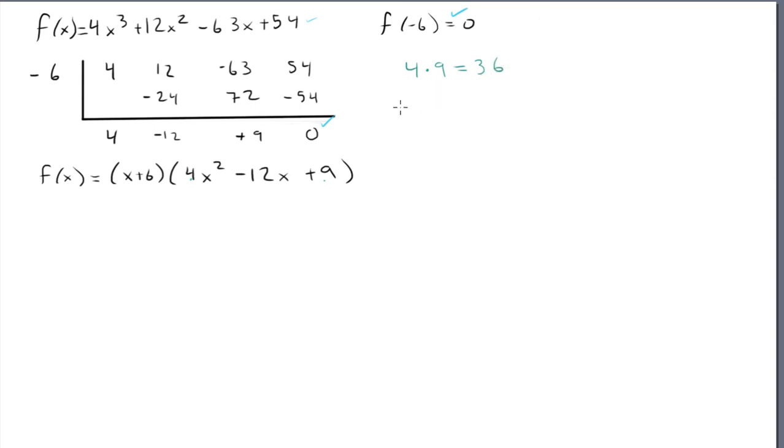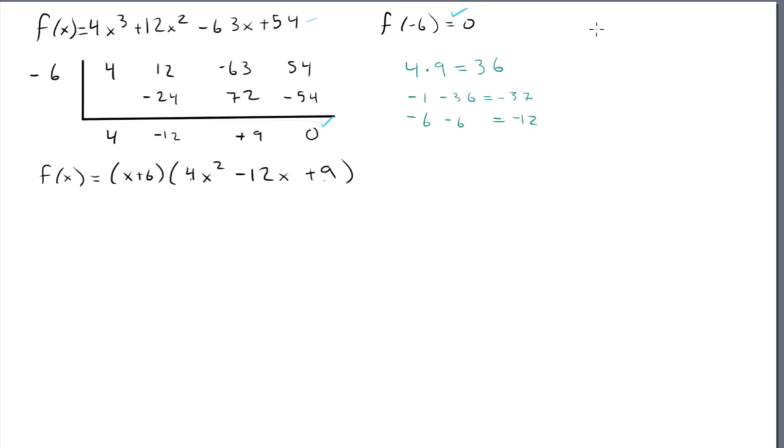I'm looking for two numbers that multiply to 36 and give me -12. Minus 1 and minus 36 is -37, so that's a no. I'm thinking it's -6 and -6, which gives me -12.